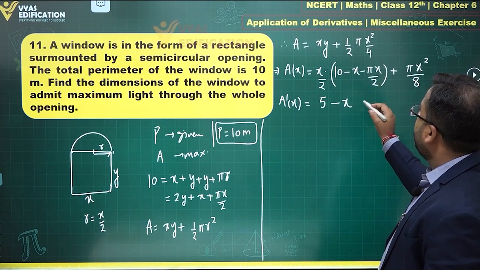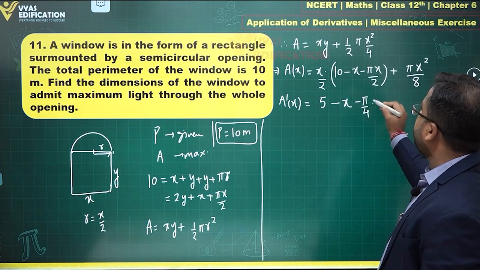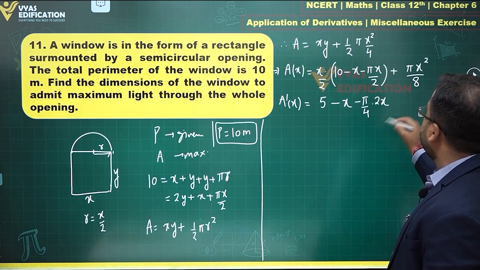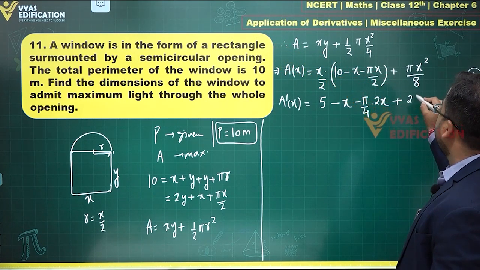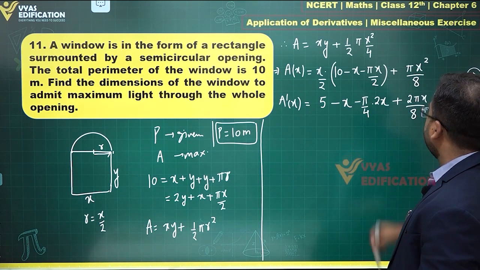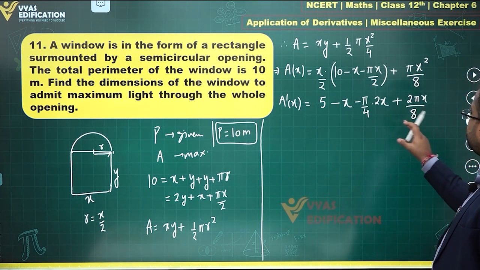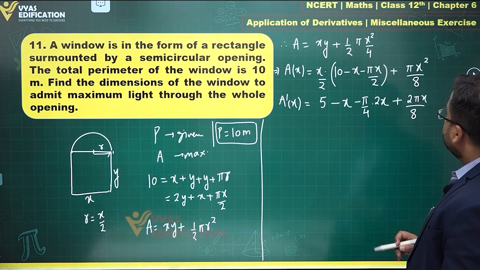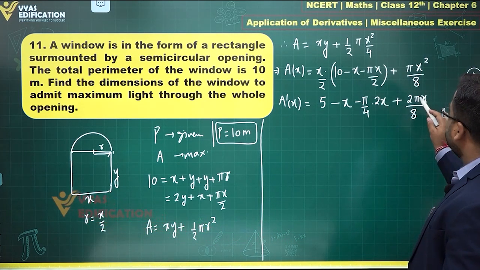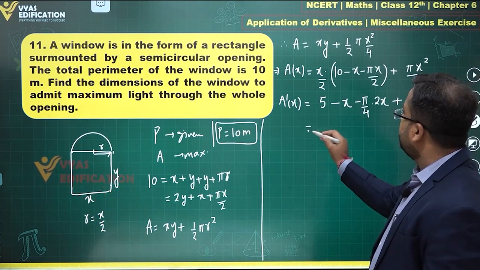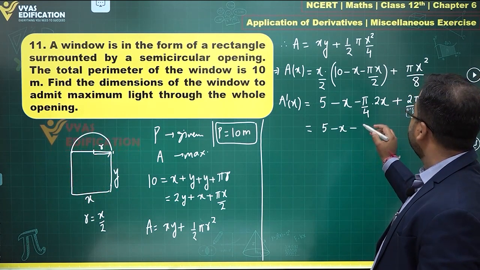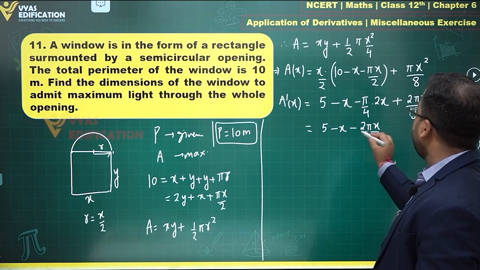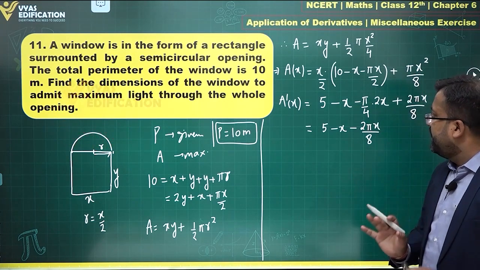And minus pi by 4 times x square, the derivative is 2x again. This is plus 2 pi x by 8. So you have 2 pi x by 8 and 2 pi x by 4 with a minus. So this becomes 4 pi x by 8 minus, and 2 pi x by 8 plus. 5 minus x minus 2 pi x by 8 is what I get.